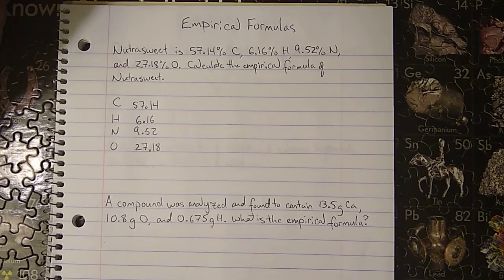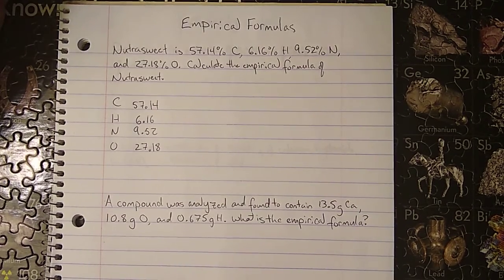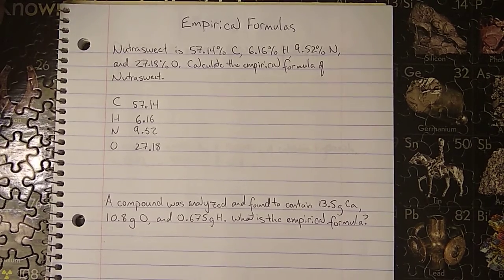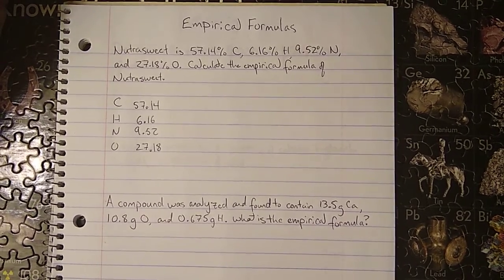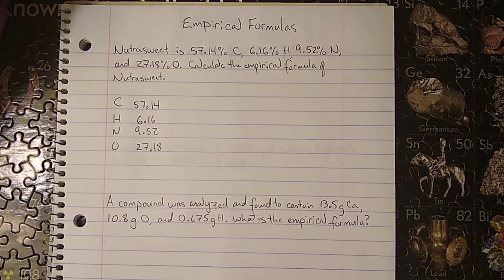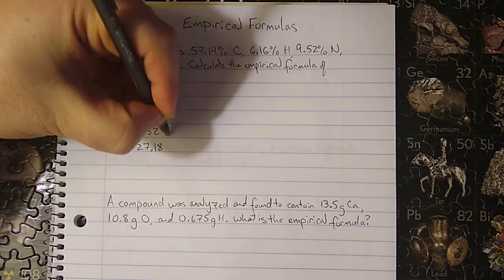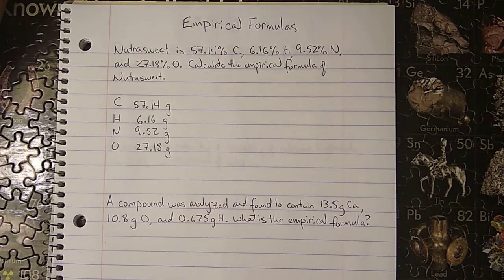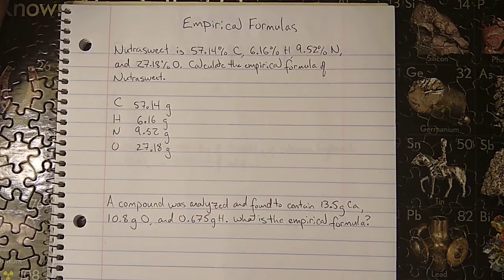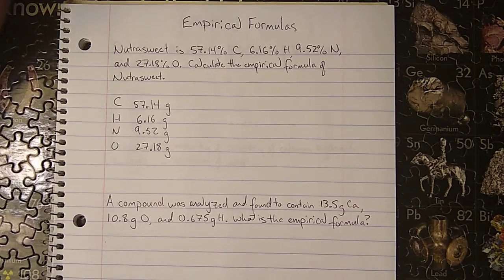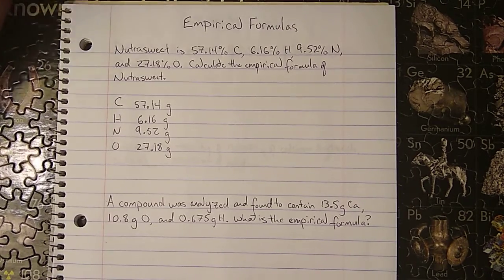Now we want to have these in grams instead of percents, so we can basically convert them into moles. But that's pretty easy. If you're given a question in percent, let's make the assumption that the total compound is 100 grams, and all you need to do is change all percentage signs to grams. So 57% carbon is going to be 57 grams of carbon.